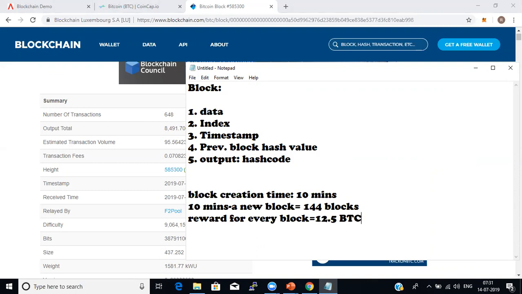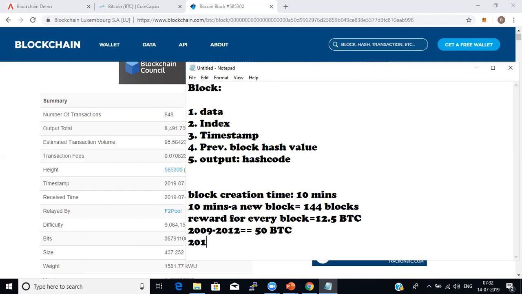Actually, this reward is not always fixed. It varies. When Bitcoin started in 2009, for about the first four years, up to 2012, roughly, I'm saying, not exactly, the reward was 50 Bitcoins.